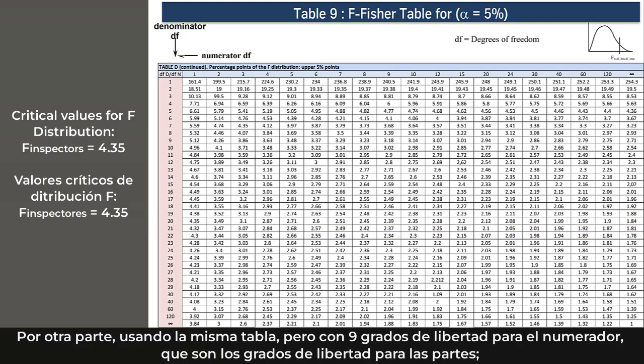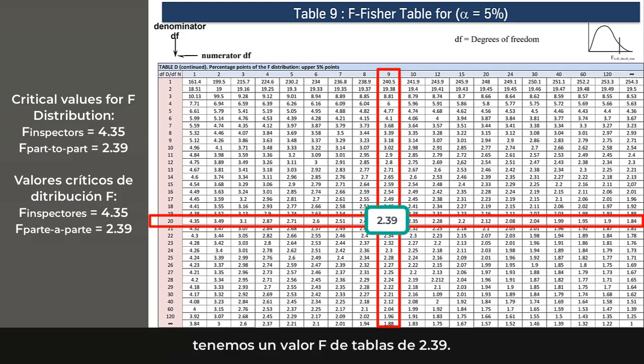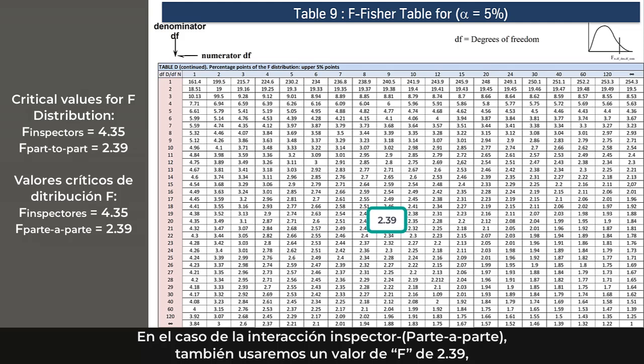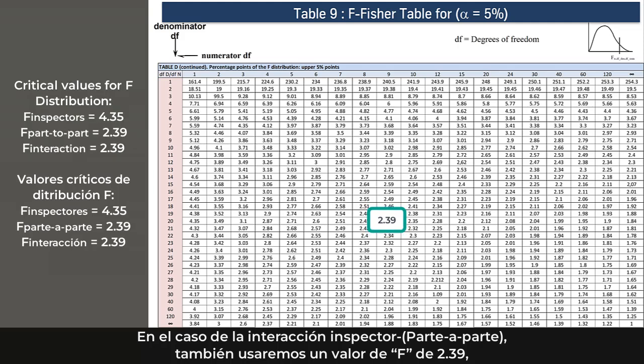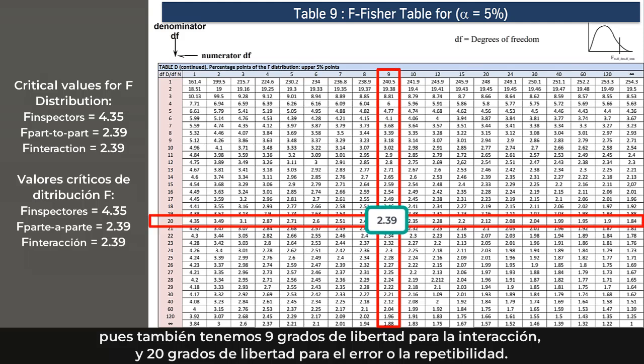Using 9 degrees of freedom for the numerator, which are the part-to-part degrees of freedom, and 20 for the denominator, the error or repeatability, we have an F value from table of 2.39. We will also use 2.39 for the interaction inspector times part to part, because we also have 9 degrees of freedom for the interaction and 20 for the error or repeatability.